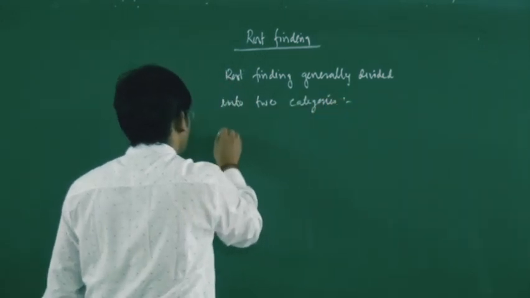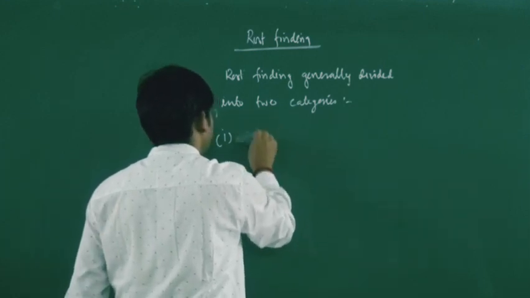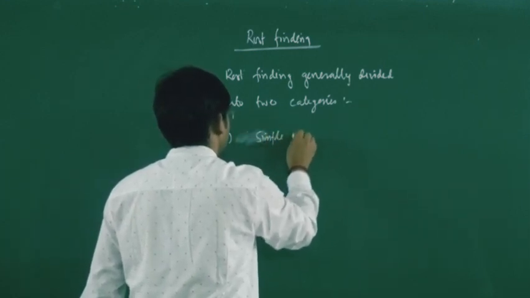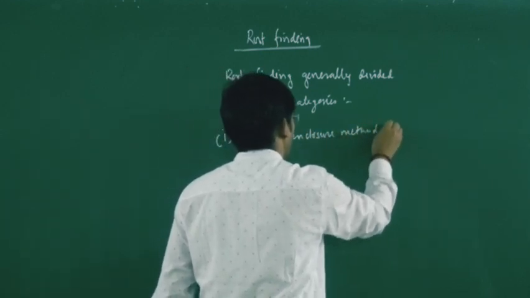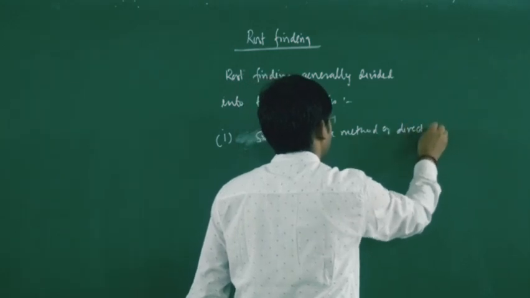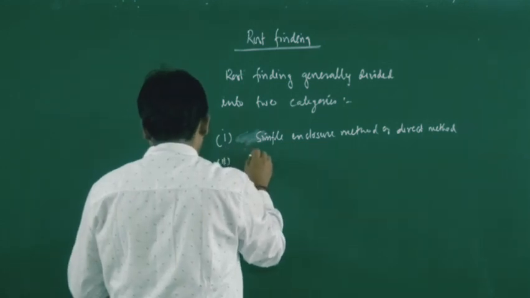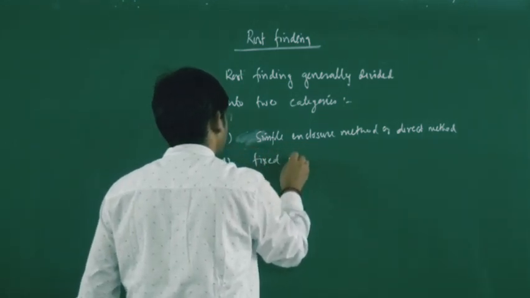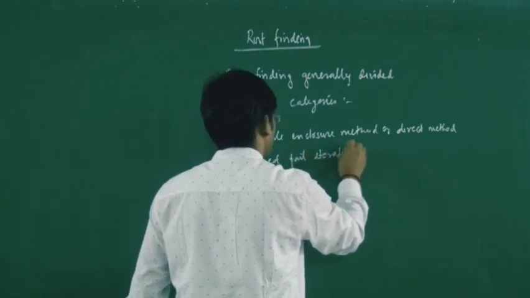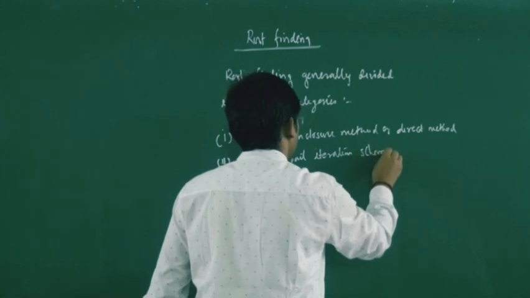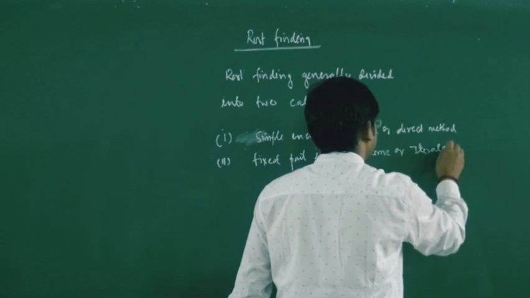The first one is the root enclosure method, or simple enclosure method, or direct method, and the second one is the iterative method or fixed point iteration scheme.